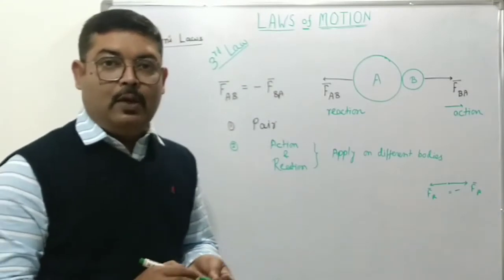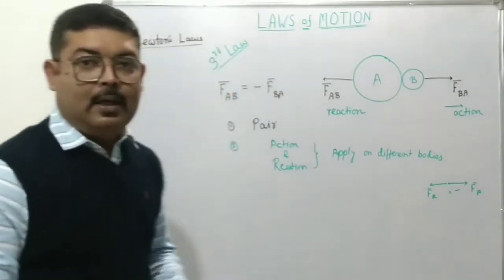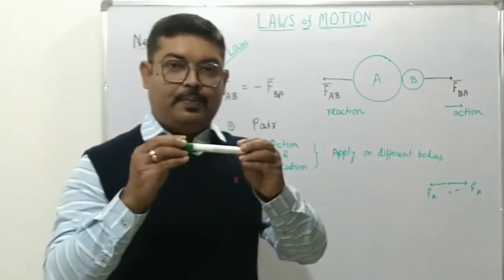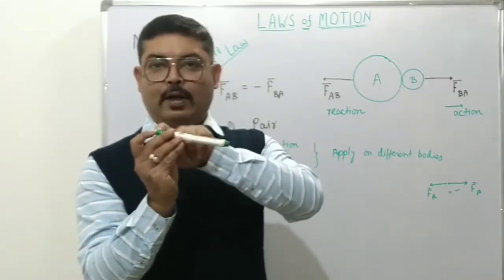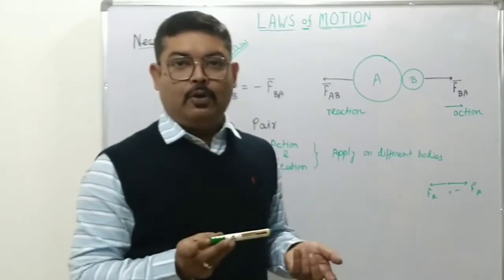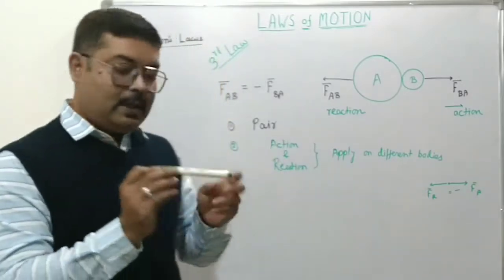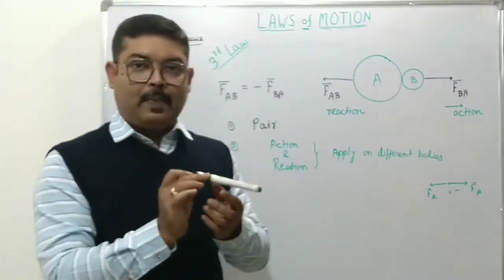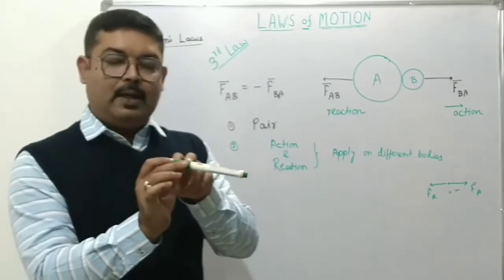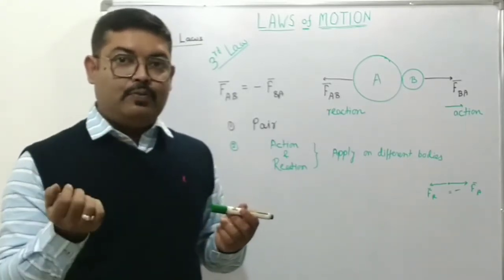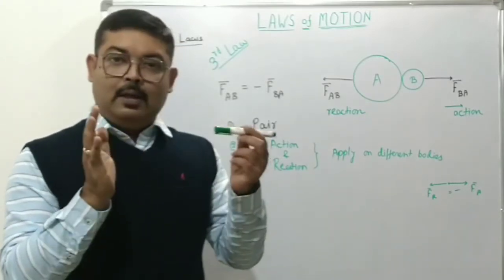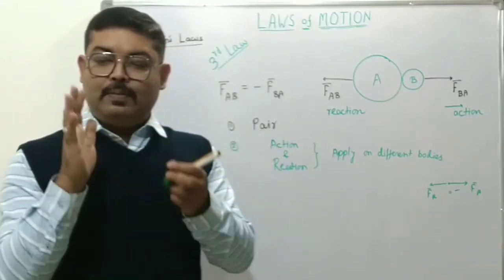And so there will never be any motion, which means that if I take this pencil and push it, if the action and reaction were at the same point, the push will not accelerate the body. Why it moves is that the force applied by me and the force applied by the pencil back on me, they are equal. However, my hand is much more massive compared with the pencil. That's why the pencil bounces off, the hand doesn't.